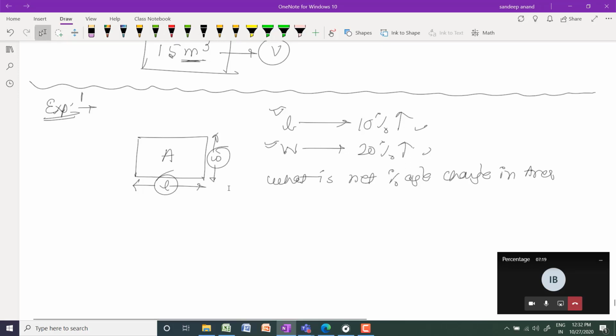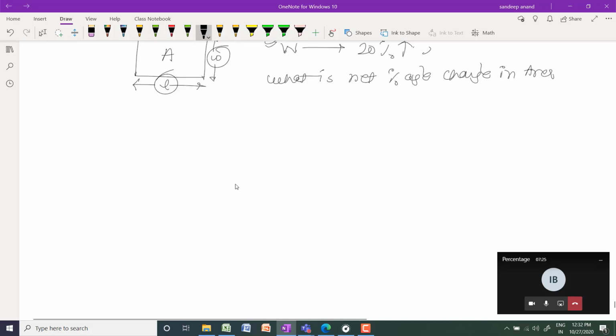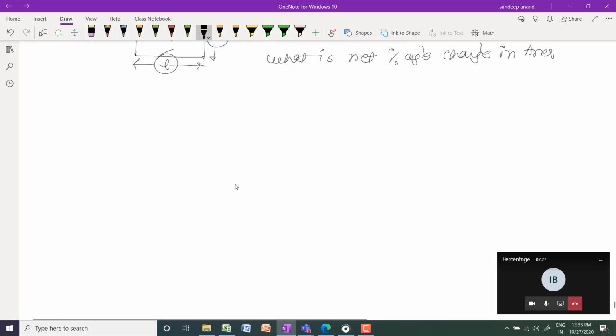Now I give you the idea of how you can calculate this kind of question when length and width increase by some amount. So look here. Let the initial area be 100. This is my assumption. Let the area, meaning the multiplication of length and width, be 100.